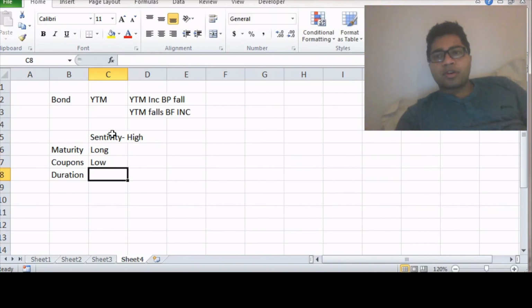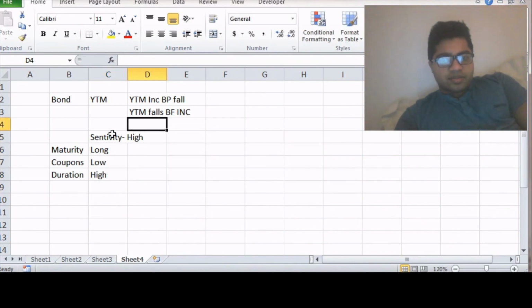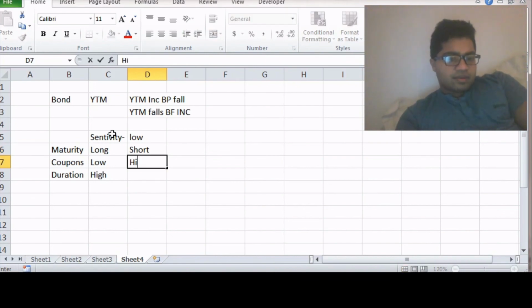So the lower the coupon, the higher the sensitivity, and when duration is high. Sensitivity is low when maturity is short, coupon rates are high, and duration is low.